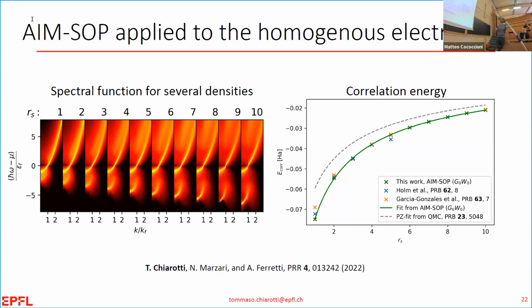We took the homogeneous electron gas, which is a very simple example. We applied the GW approximation, and we computed at several densities the spectral function, which is shown here in every quadrant.